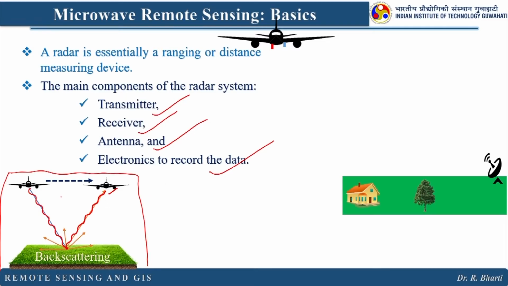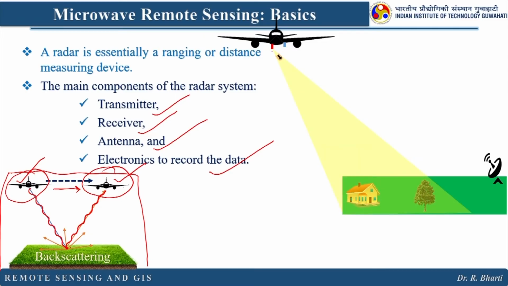Here you can see this system has illuminated this area from this particular position, whereas in this one it has moved and captured the backscattering values.